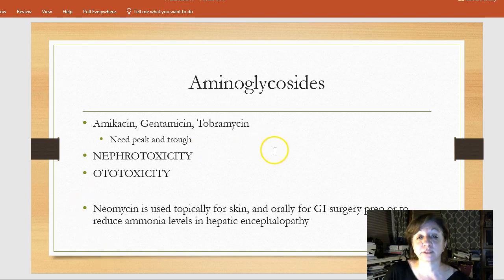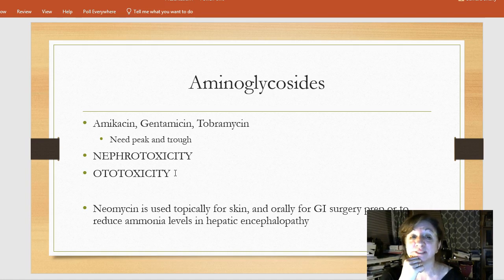Here are your aminoglycosides. These do have nephrotoxicity and ototoxicity, so they can cause hearing loss or deafness, and they can also cause kidney damage. So these are some that we really are careful with and only use if we absolutely need to.